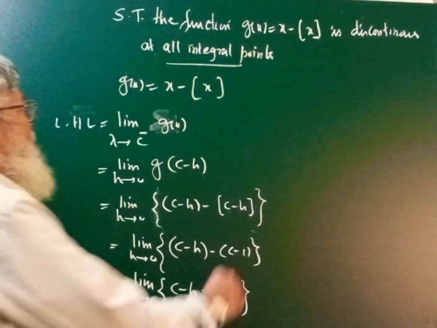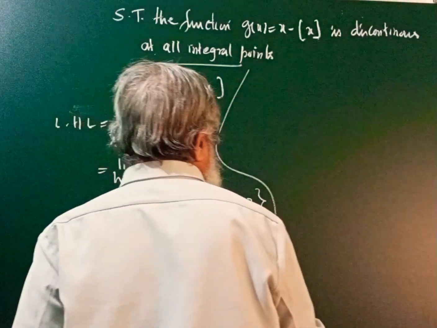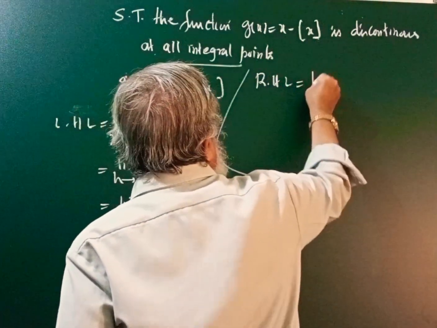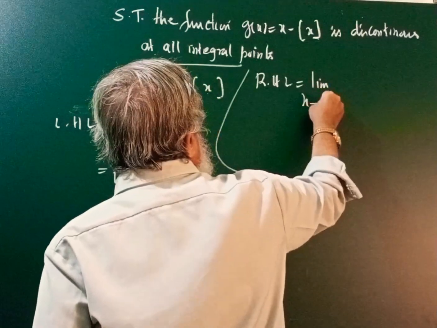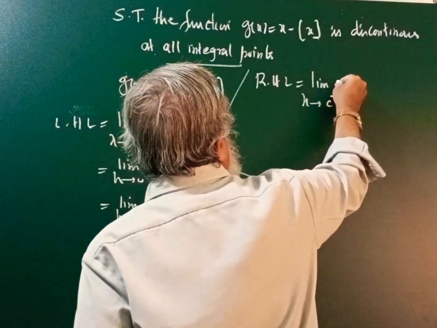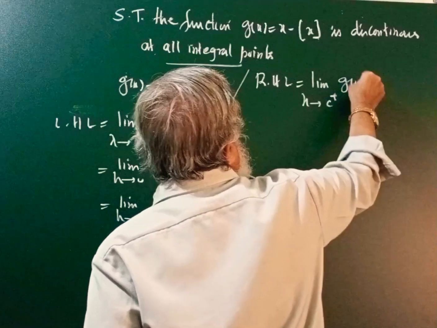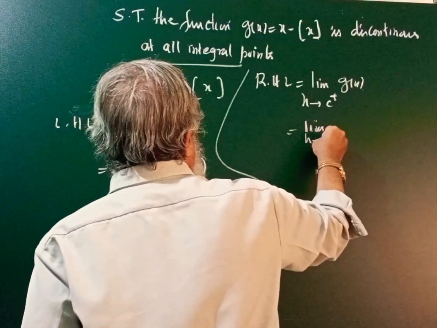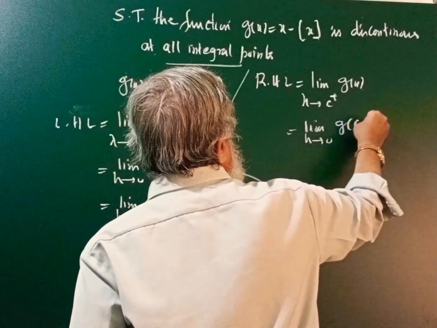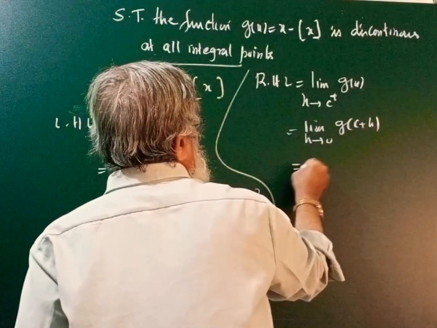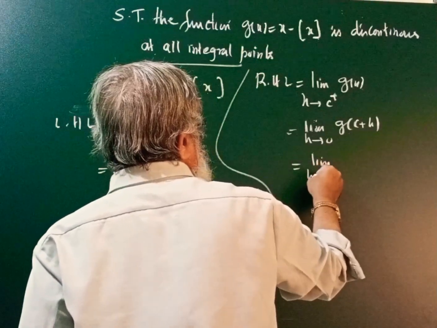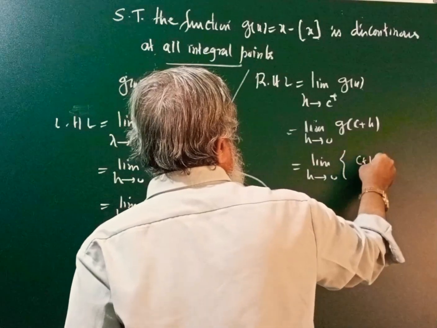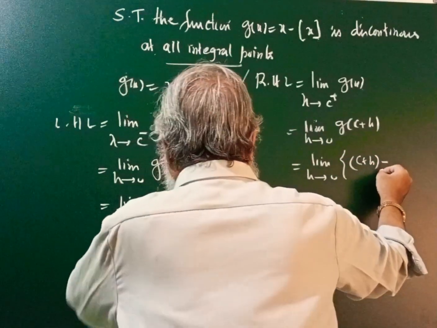Now let us check for the right hand limit. The right hand limit is given by limit x tends to c from the positive side, because c is considered to be an integer. So that is limit h tends to 0, g of c plus h, which is c plus h minus the greatest integer of c plus h.